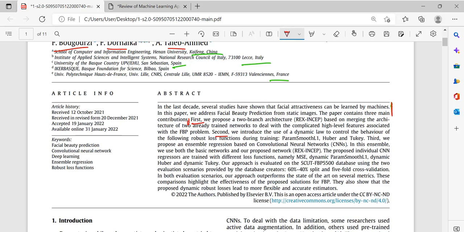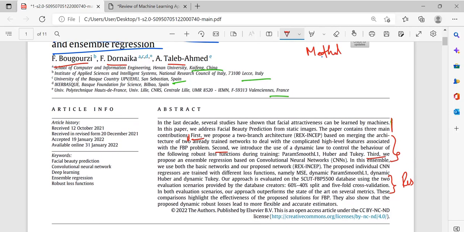So where is the third one? Yeah, the third one. From here until this bit is what they are proposing, and in this bit, "our approach is evaluated", from here until here it is about the results, what they get. This bit is the method and the aims, what they are aiming for and proposing, and at the end they also say what methods they have used.